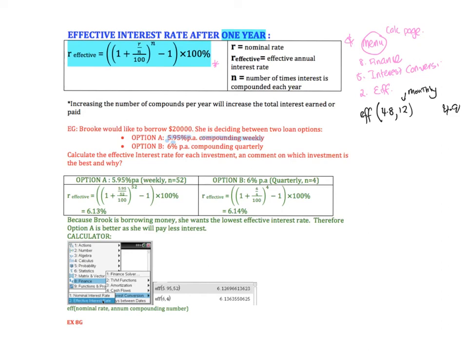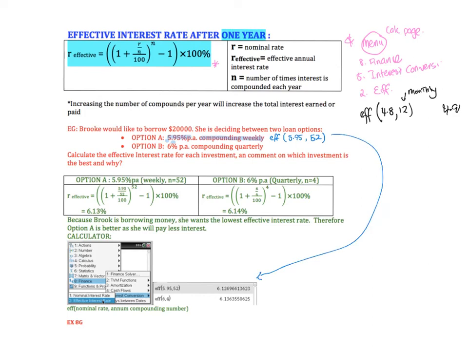The 5.95 is the nominal rate, and compounding weekly is how many times. If we do this on the calculator, we go EFF 5.95, comma, weekly is 52 weeks in a year, and enter. You can see down here, I've done that on the calculator, and there's my answer.